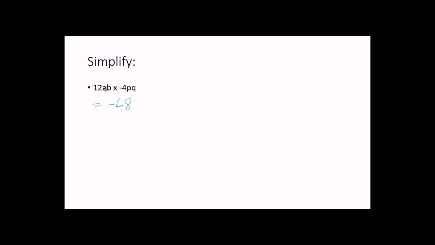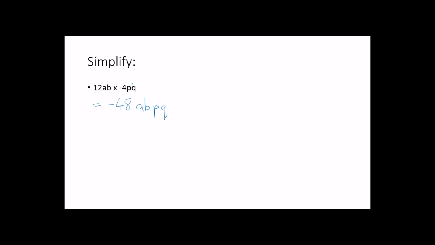Now, I've got AB here, and I've got PQ here. So AB times PQ, we just write as ABPQ. So there's nothing tricky about this question. We're just writing it without the multiplication symbols, and where we've got numbers, we'll evaluate what they are.